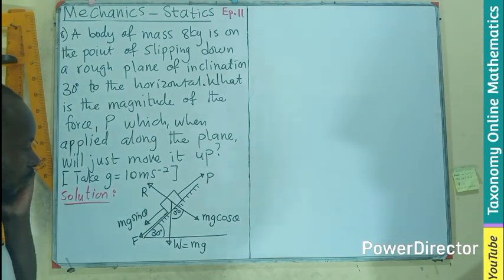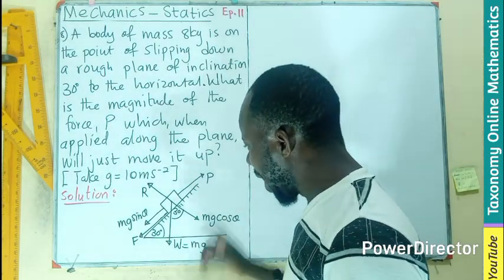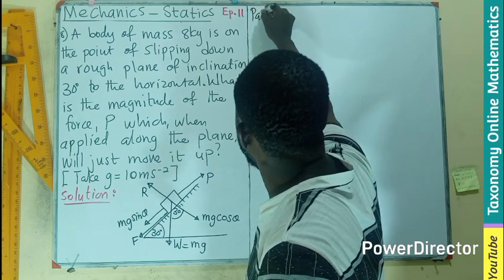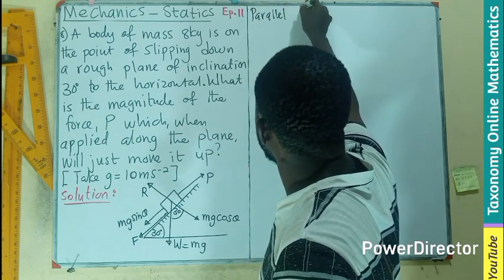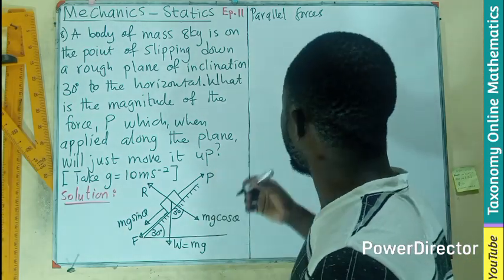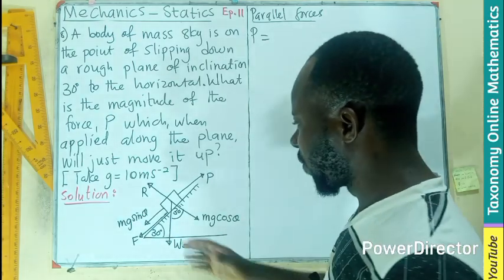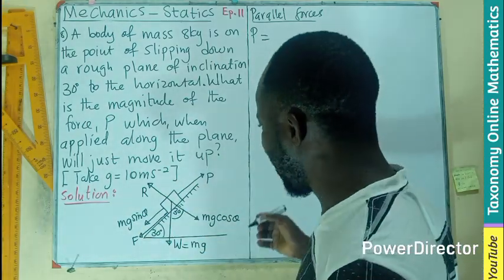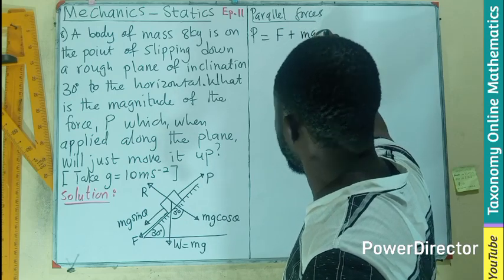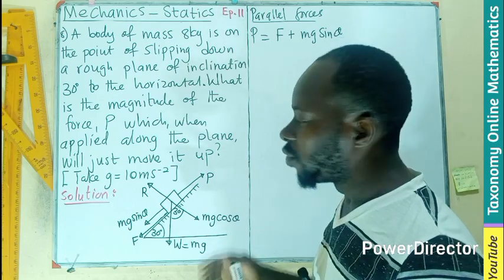If I pick forces parallel to the surface, the force going up, P, should be equal to the sum of forces going down, and the forces going down are F plus mg sine theta.